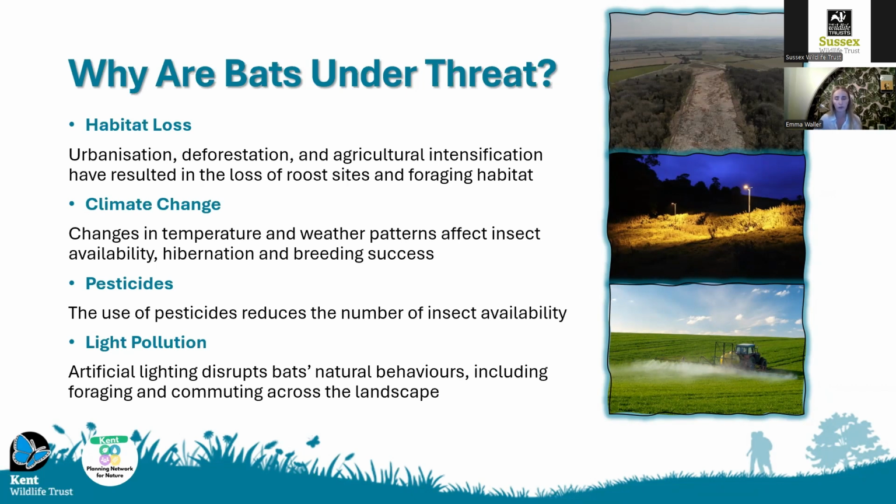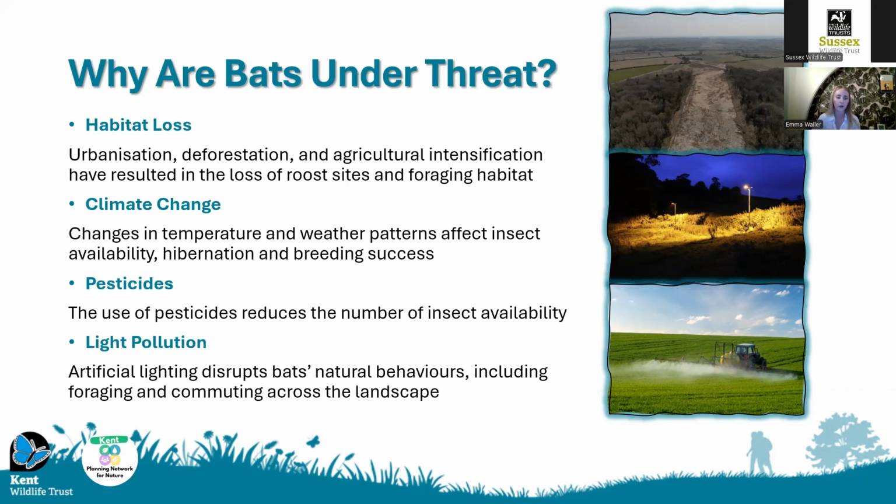Studies also show that climate change is having an impact on British bat species, with changes in temperatures and weather patterns altering insect availability. This year, 2024, has been one of the worst years for insects in a long time. Climate change is also altering hibernation cycles and breeding success.